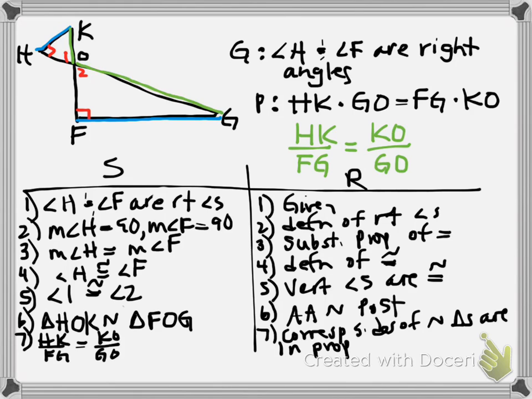That's how we use those proportions. Allie, would it matter if you have the HK and FG? Well, here's the deal. When you do your cross products, you would probably get FG times KO on the left, and we want it to be on the right, okay?